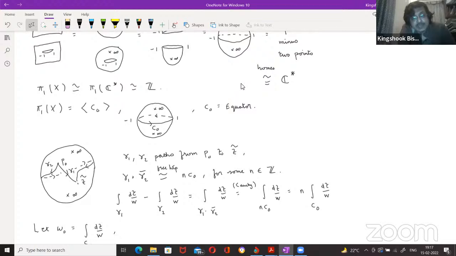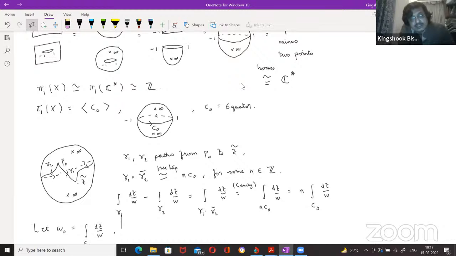So suppose I have two different paths. Let's say a path gamma 1 looks like this, and a path gamma 2 which goes around the back and comes like this. So I have two paths gamma 1, gamma 2 from P naught to Z tilde. Then if I look at the path gamma 1 followed by the path gamma 2 bar, which means gamma 2 followed backwards, then I will get a loop at P naught.